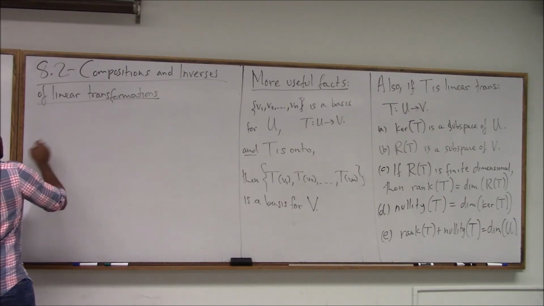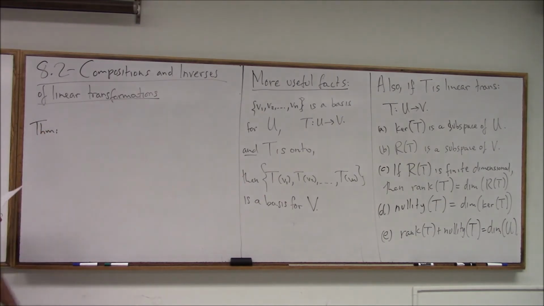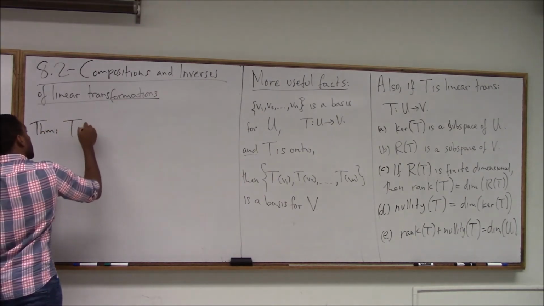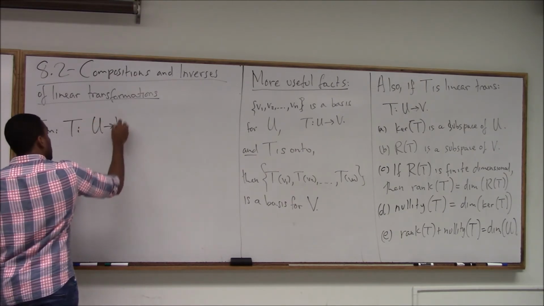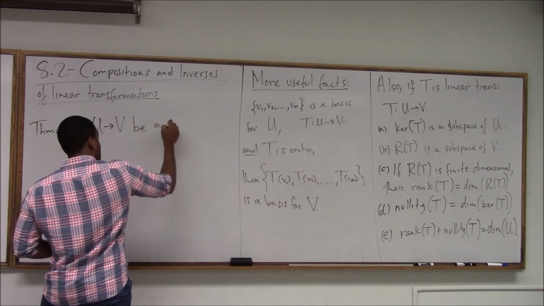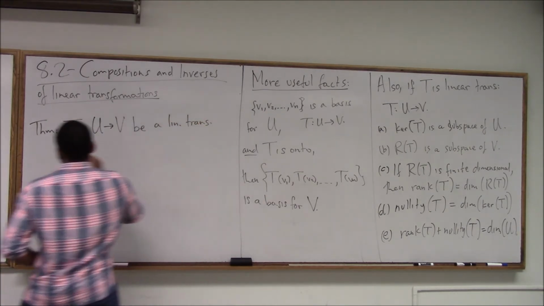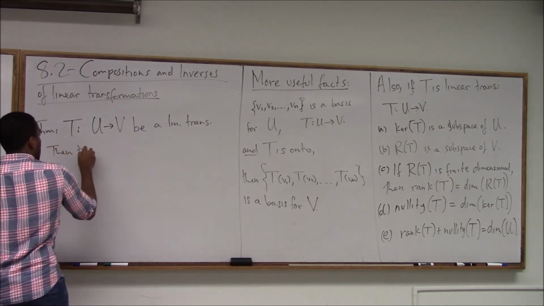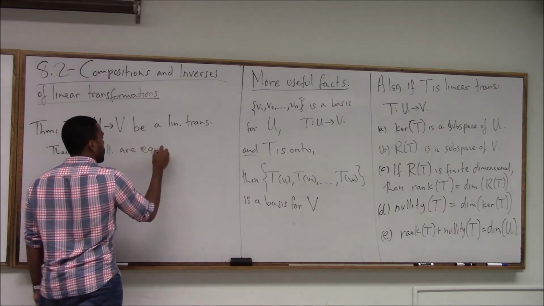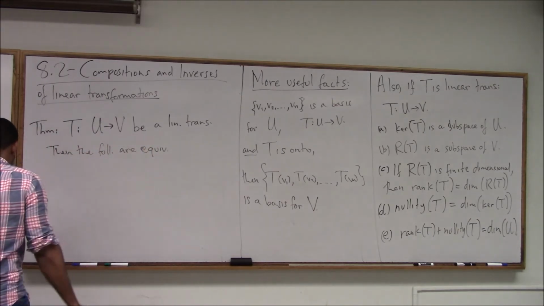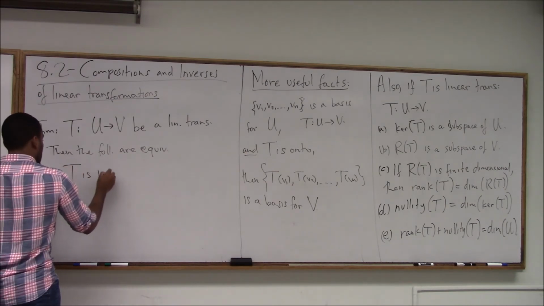So, important theorems here. Let T from U to V be a linear transformation. The following are equivalent. A. T is 1 to 1.